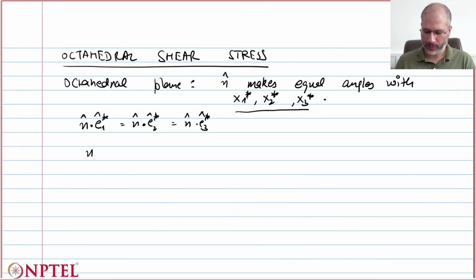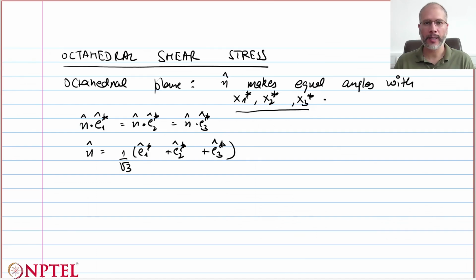So this will give us n hat as simply a constant times e1 star plus e2 star plus e3 star. And this constant is nothing but 1 upon root 3, because we have to ensure that n hat is indeed a unit normal, its magnitude has to be 1.